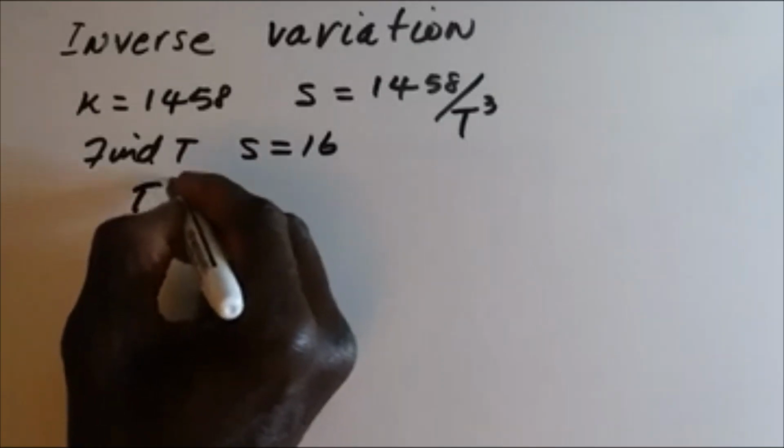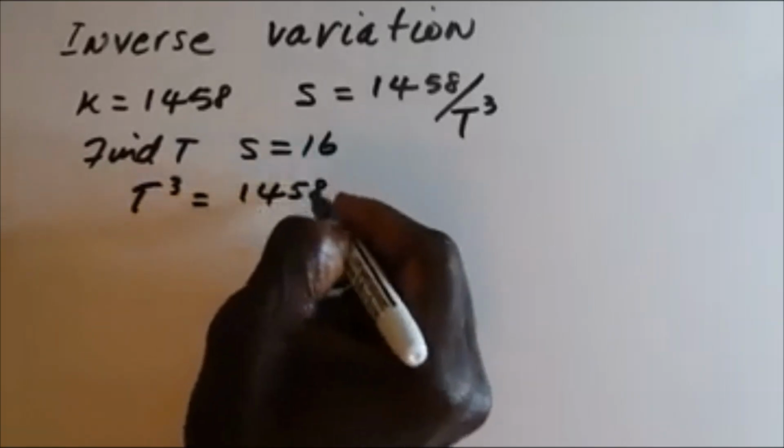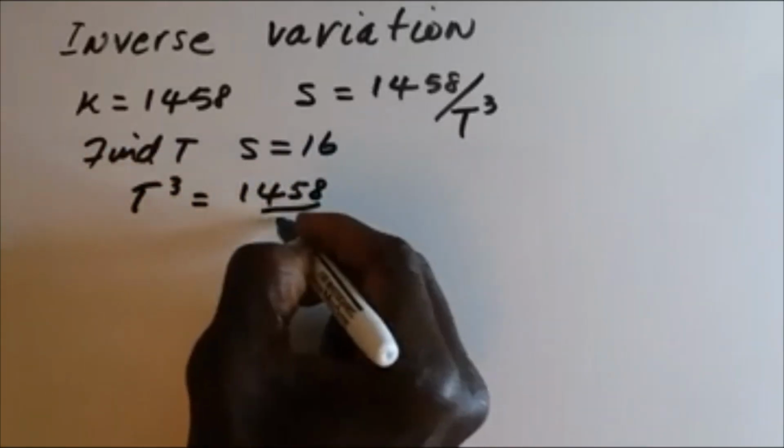We have t cubed is equal to 1458 divided by 16.